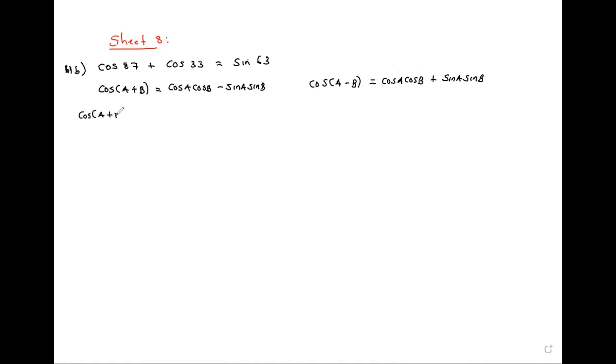So if we add cos(A plus B) plus cos(A minus B), we get on the right hand side cos A cos B minus sine A sine B plus cos A cos B plus sine A sine B. So you see that this part and that part get cancelled.